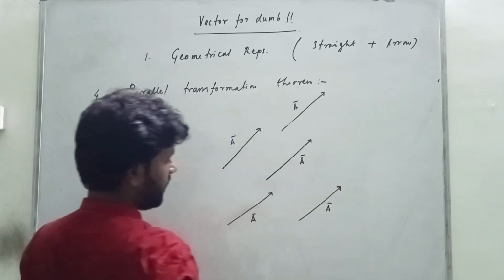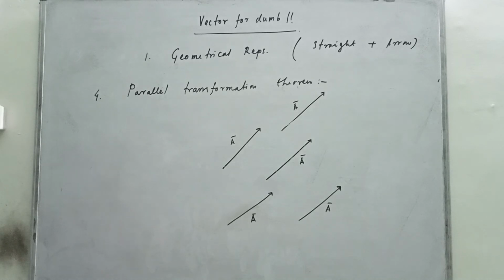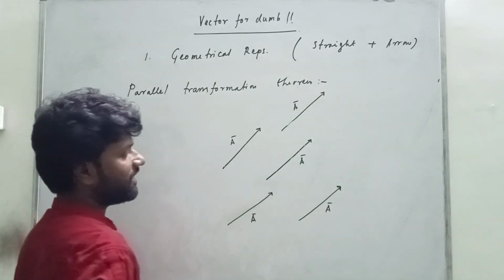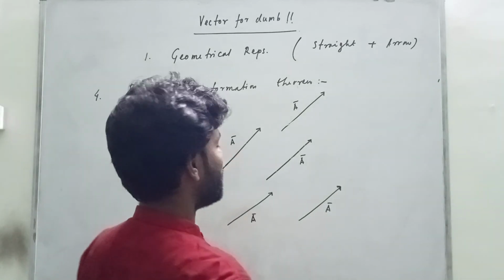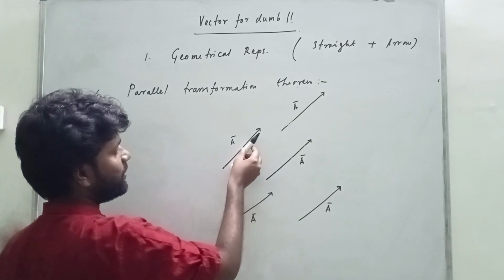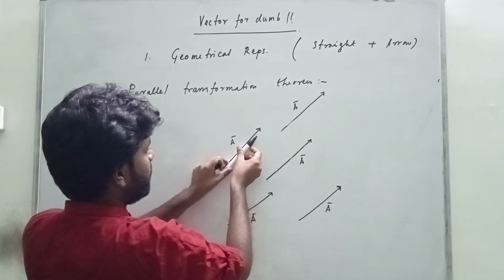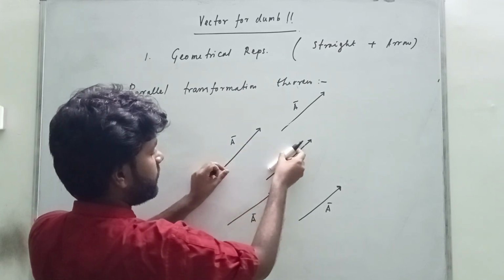Because from our previous definition, information number 2 probably, equal vectors mean the vectors have the same magnitude as well as the same direction. Just look at this here. Same magnitude because it's my pen, the length of my pen remains fixed.